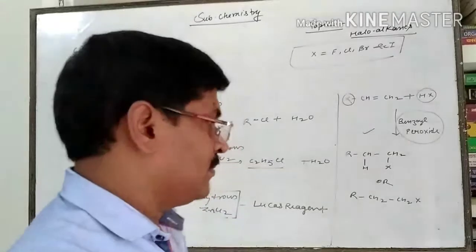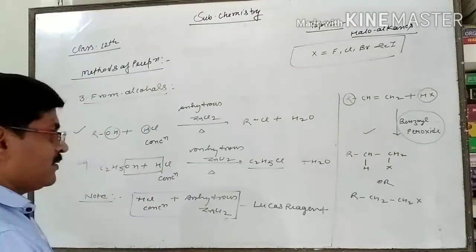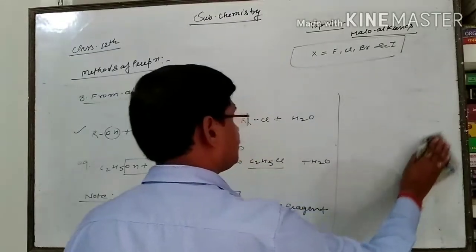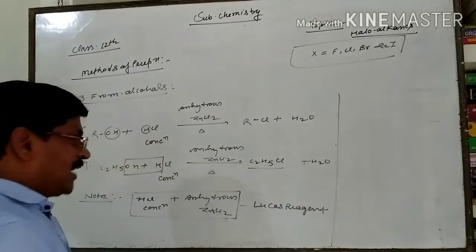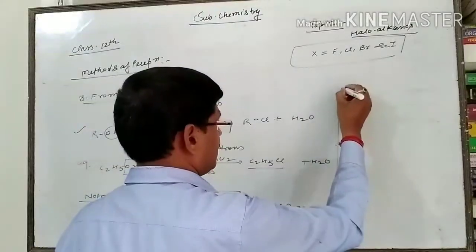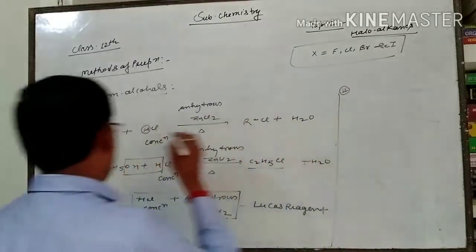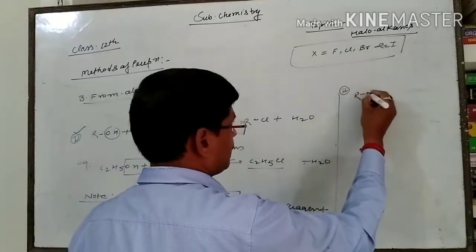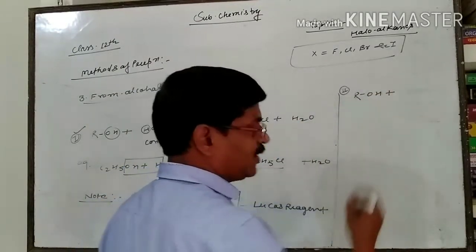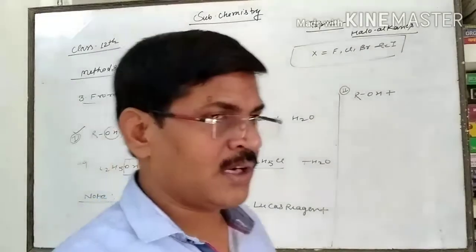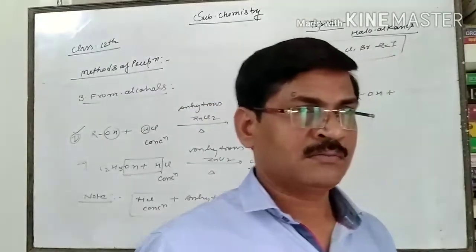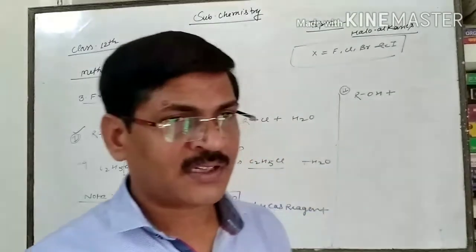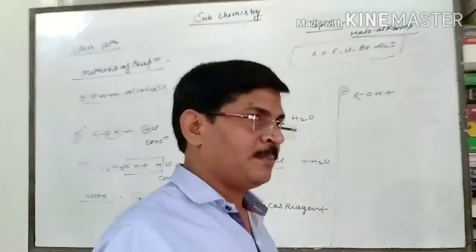From alcohols, by another method, I can also prepare. Suppose I have taken once again alcohol. It is the second and this one is the first. As you know, I can convert alcohol into alkyl halide by the reaction of halides of phosphorus, either phosphorus trihalide or phosphorus pentahalide.